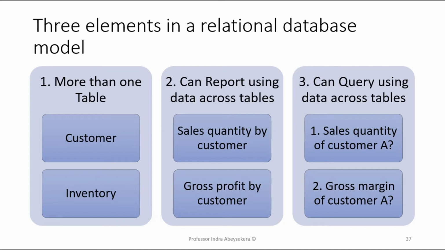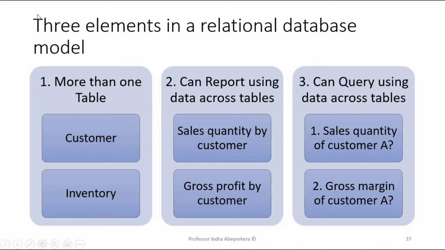You can also query data across tables, that is for the customers and the inventory, asking questions such as the sales quantity of a customer, or the gross margin of a customer, and so forth.